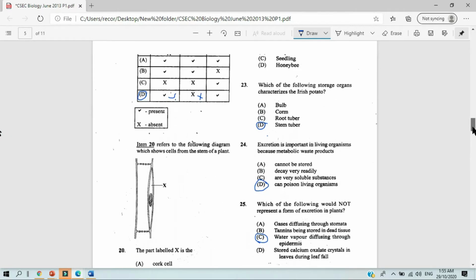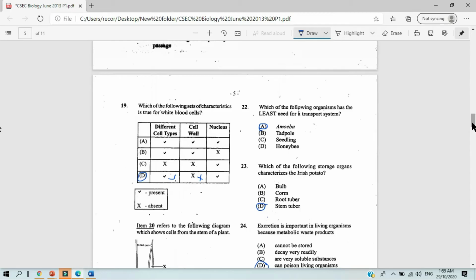Then we are going to go over to 22. Which of the following organisms has the least need for a transport system? Now we're selecting the amoeba here. We looked at amoeba when we looked at microbes, and when we looked at the need for a circulatory system, we were looking at the volume to surface area ratio.